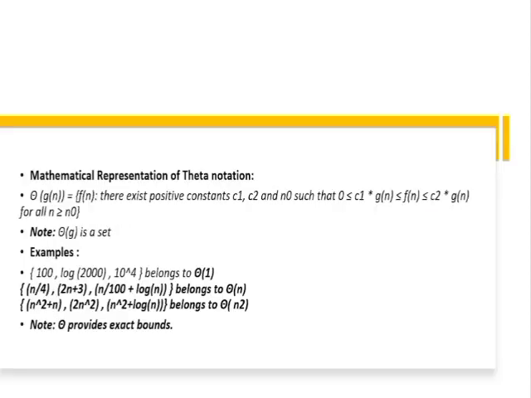Mathematical representation of theta notation: Theta g of n equals f of n. There exist positive constants c1, c2 and n0 such that the equation holds for all n greater than or equal to n0. Note please, theta g is a set. Again, some examples are shown where theta provides exact bounds.